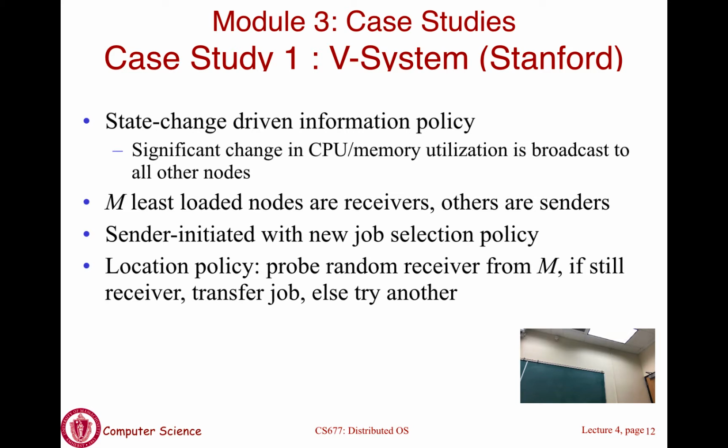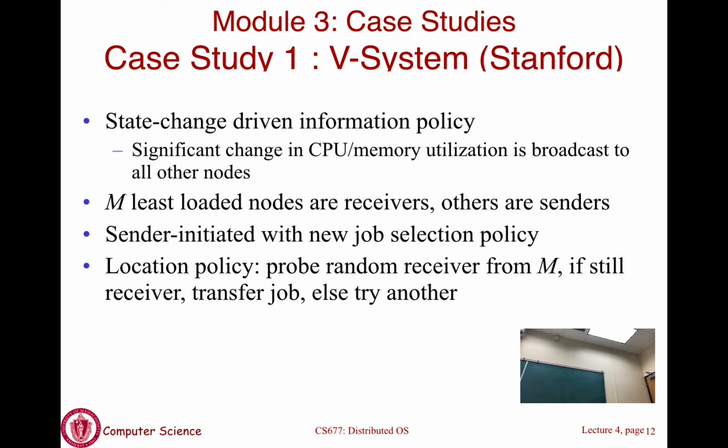Nodes would also listen to this broadcast, and they would keep a load table. So they would say, what is the load on system I is already stored in the table based on the most recent information I have received. Keep in mind that whenever you construct these load tables, they will almost always have some outdated information. Unless you broadcast your load changes very frequently, you have the most recent broadcast from node I, but since then the load may have changed.